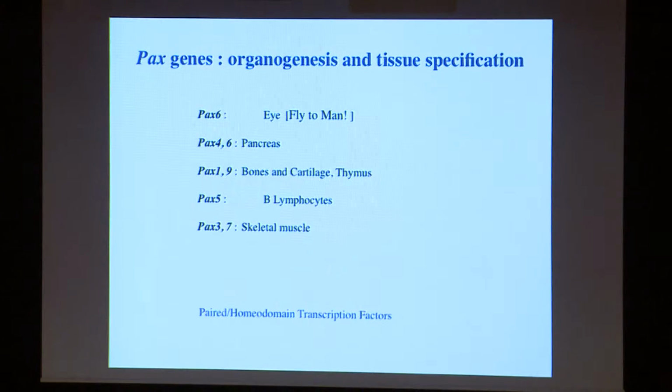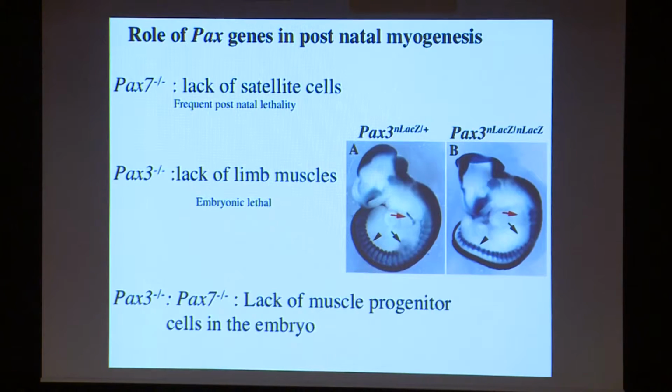Another player came in the field, and I'm going to go quickly to raise the question of the PAX family, PAX homeodomain transcription factors. Two of them, PAX3 and PAX7, were shown to be expressed in embryos and involved in the development of skeletal muscle.